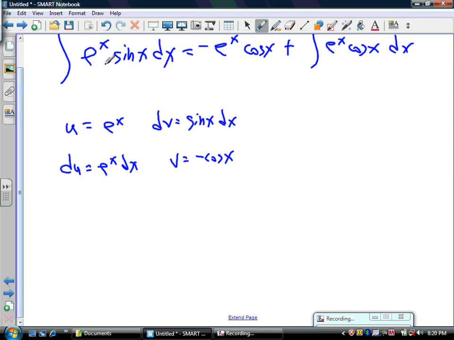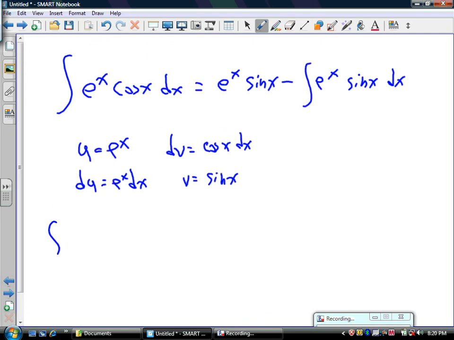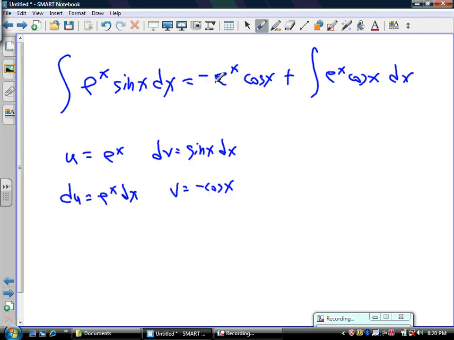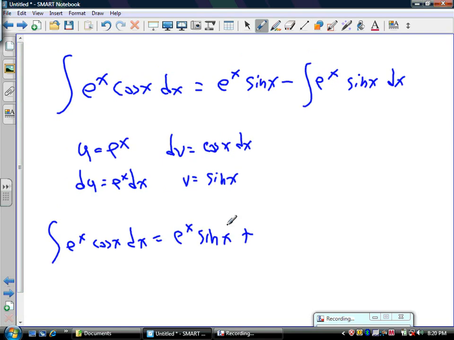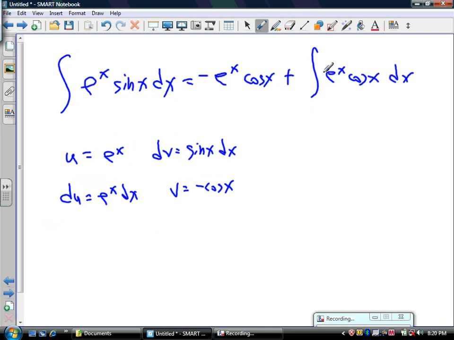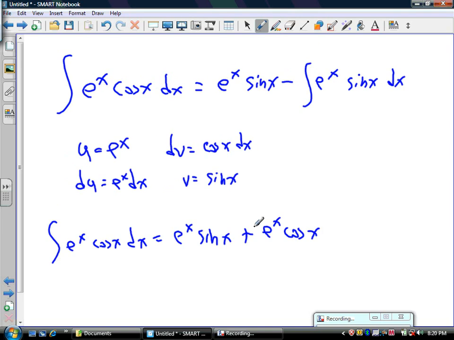Okay, so let me rewrite this. The initial problem, I'm going to rewrite it. I'm going to say it's e to the x cosine x dx equals this stuff, e to the x sine x plus, because I'm subtracting this negative, e to the x cosine x, and then I'm subtracting this positive, so it becomes negative, the integral of e to the x cosine x dx.